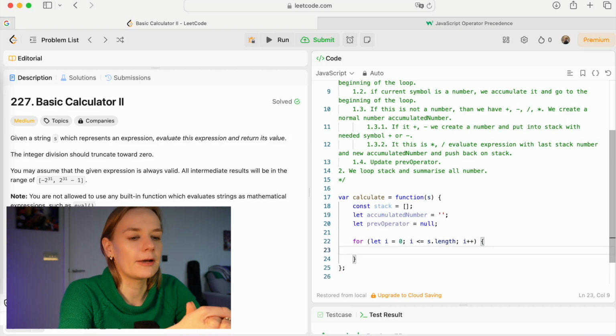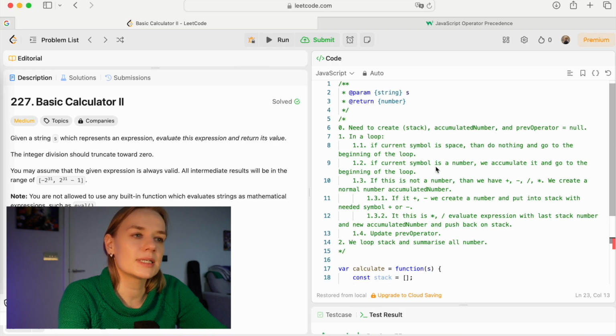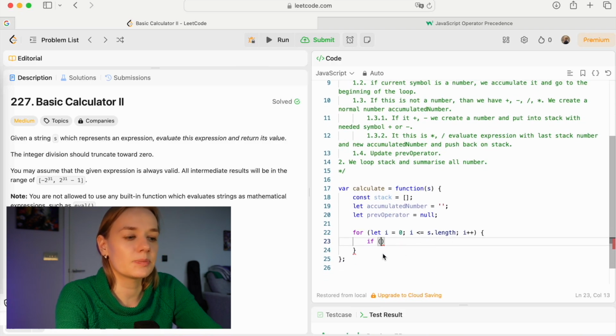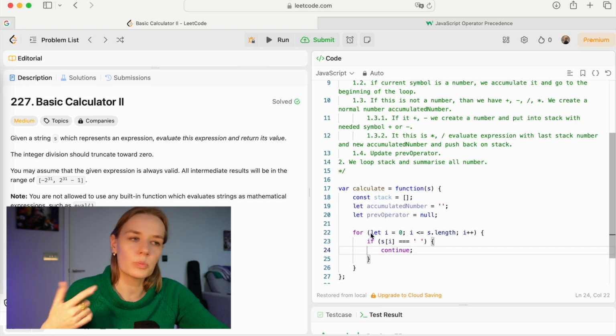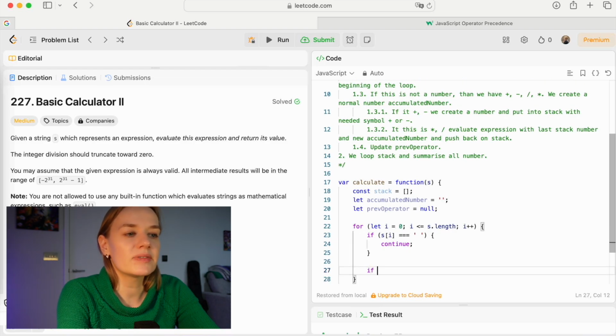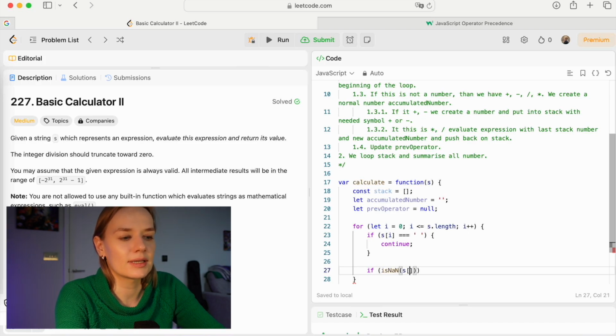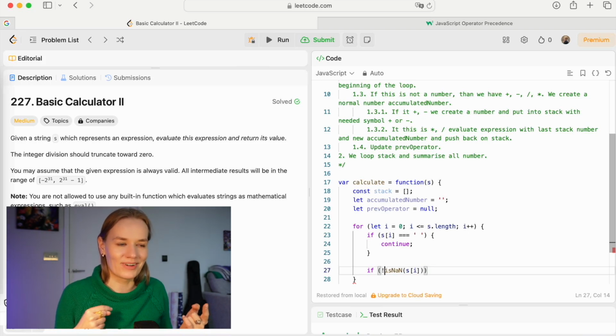And what we have here, if we go through this algorithm: if the symbol is a space, we do nothing. So if it equals space, we just do continue. And this returns us to the beginning of the loop. If this is a number, for checking not-a-number in JavaScript, we need to use this function, isNaN.